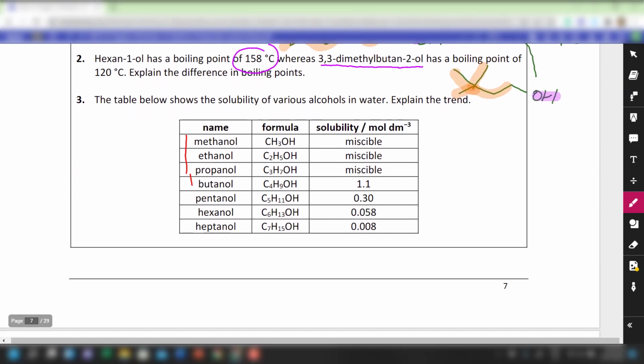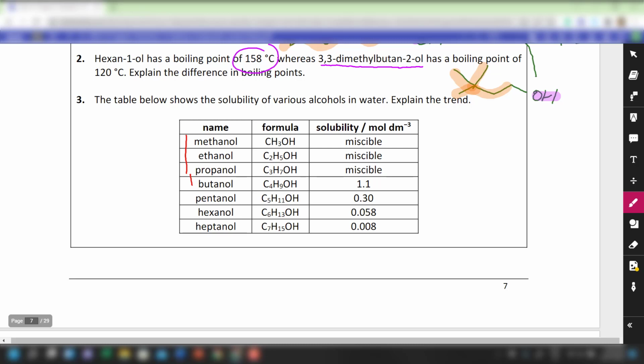We can say that as the length of the alkyl chain increases from 3 to 4 to 5 to 6, the probability of forming stronger dispersion forces between the non-polar chains becomes higher. Basically, the longer the non-polar chain is, the greater the chance of it being distorted, and the greater the probability that it can form stronger and more extensive instantaneous dipole-induced dipole interaction with neighboring alcohols.